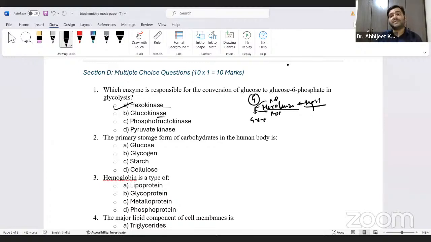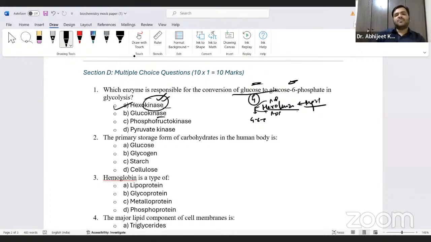Hexokinase is like a housewife, working 24 hours, and glucokinase is like a mehman, a guest. It works only at some places, but hexokinase works in all the cells of the body. So the answer here is hexokinase, which helps in the conversion from glucose to glucose 6 phosphate. Kinases are this group of enzymes that transfer a phosphate group from one molecule to another.